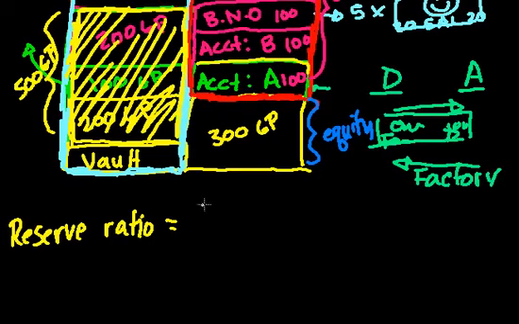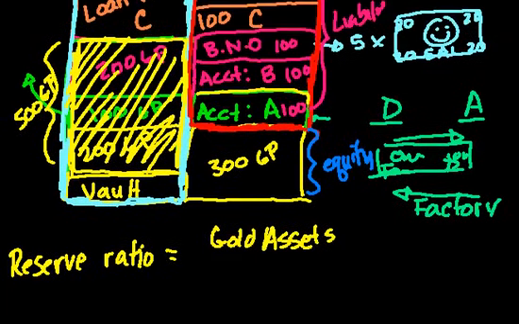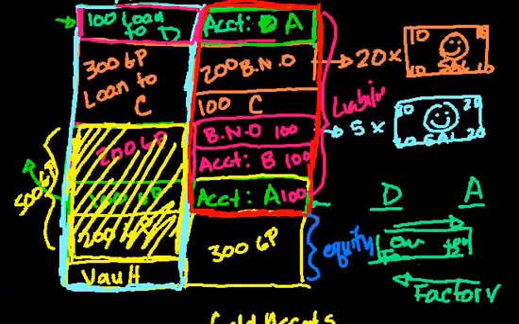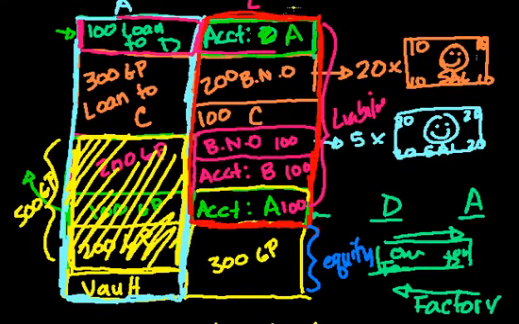The reserve ratio, for this bank, is the amount of gold assets. You won't see this formal definition anywhere because most people are off the gold standard right now. It's the amount of gold assets divided by total, I don't want to say total liabilities, because the bank could take out loans that aren't demand loans.